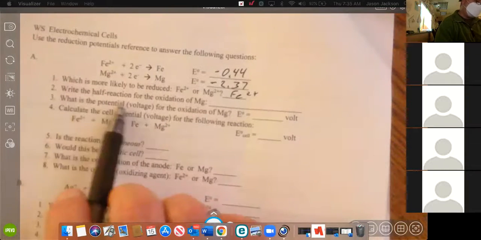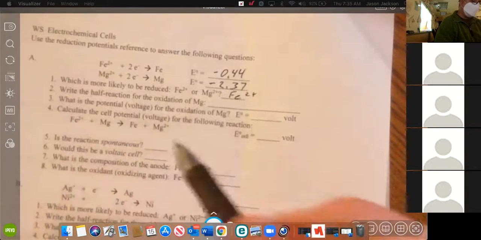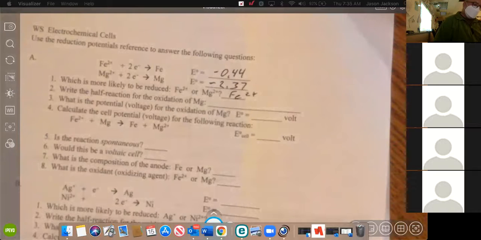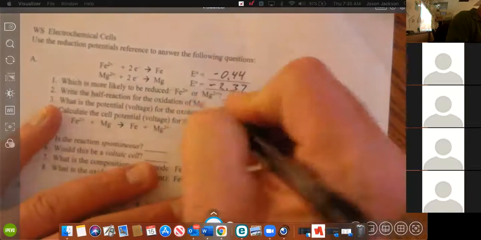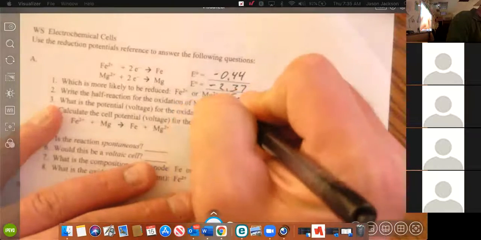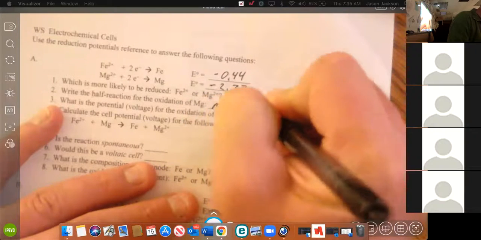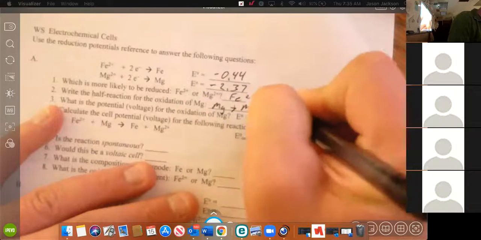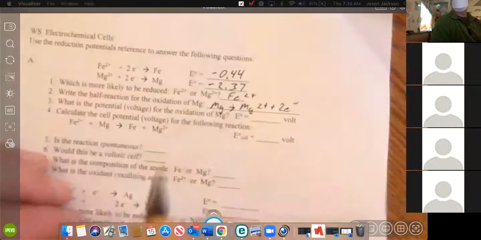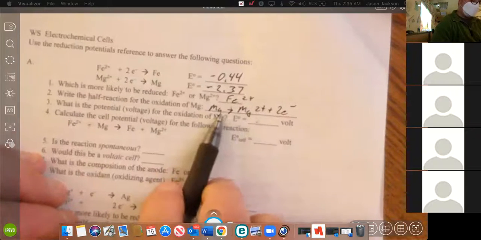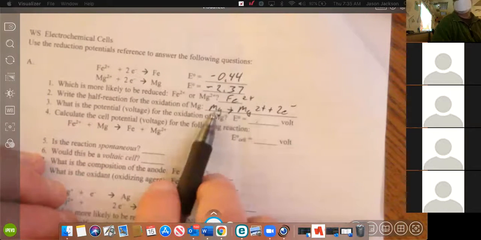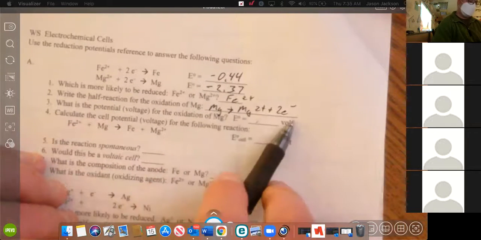So this is the half reaction of the oxidation of magnesium. What are we going to do to it? Reverse it, flip it. Magnesium yields, what's that? Remember, oxidation is loss of electrons. So here's the magnesium with the electrons. Here it is lost.